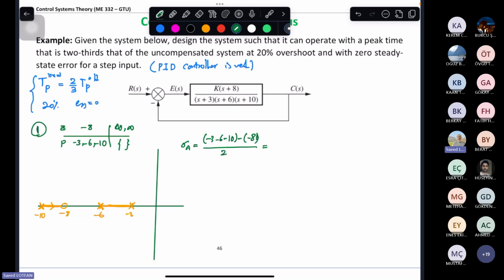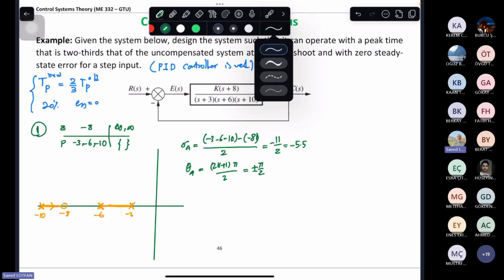So this means it is -19 over... 11 over 2 is -5.5, and the theta A's are (2k+1) pi over 2, so it is pi over 2 plus minus. So my asymptotes are about here.